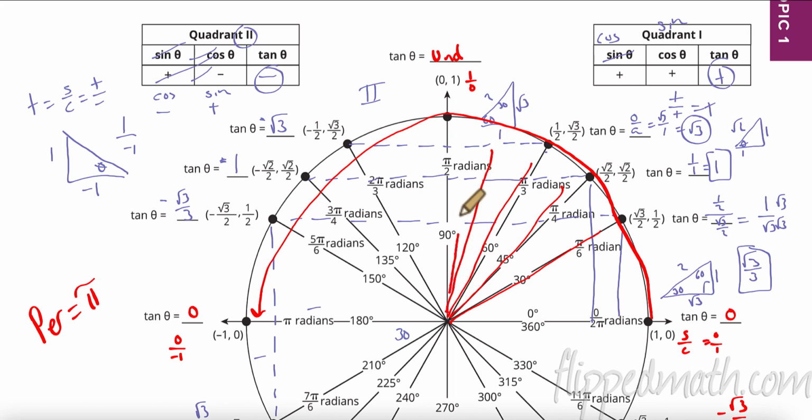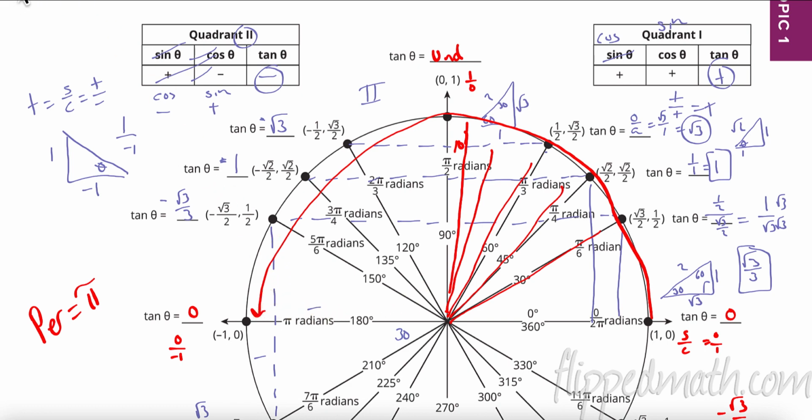In fact, this slope right here is like 10 over 1. It gets almost infinitely large going upwards, a vertical line almost. So the slope gets higher and higher as I go. So that means the tangent as I go towards 90 degrees gets higher and higher. And then as I go away from 90 degrees, the slope gets lower, back to 1, less than 1, all the way till it gets to a flat slope of 0.